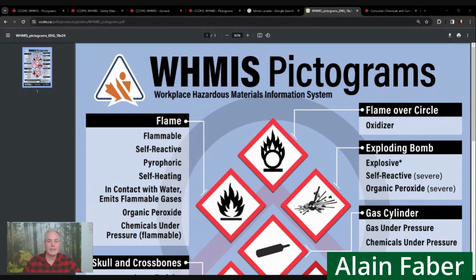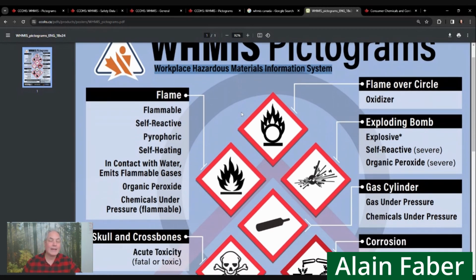I'd like to remind you, it's the Workplace Hazardous Materials Information System. So here there are symbols to help us quickly identify products that we are dealing with at the workplace. Some of these are used in the lab, in high school, or in the workplace.